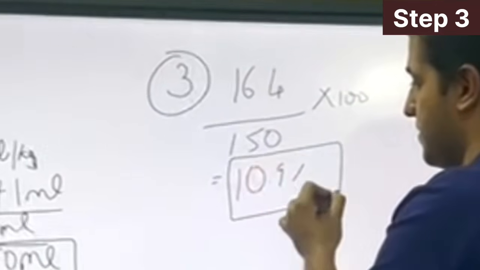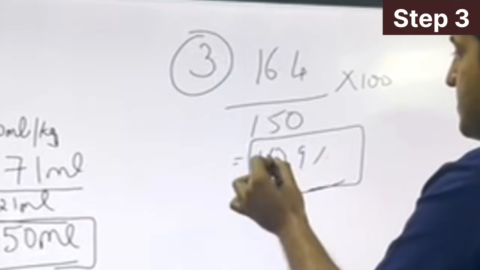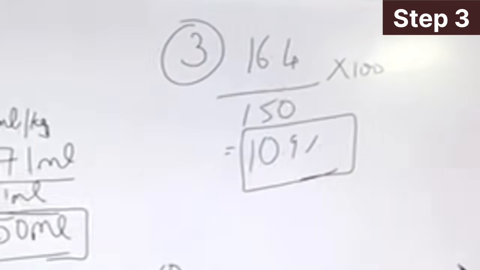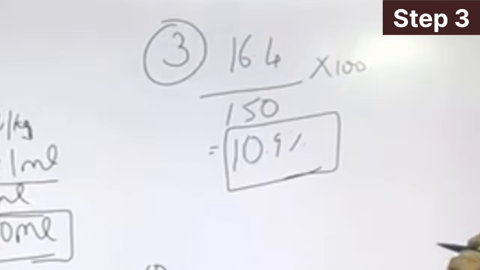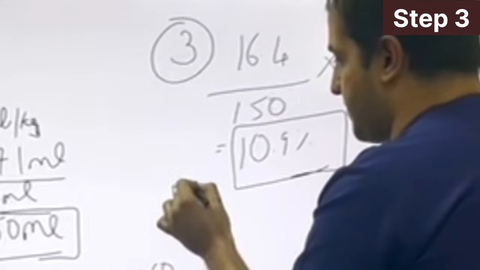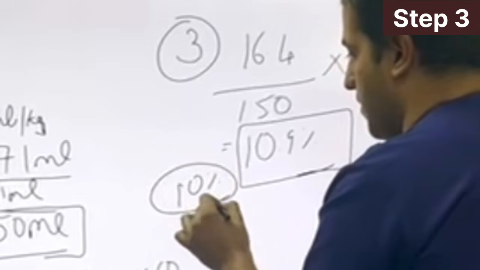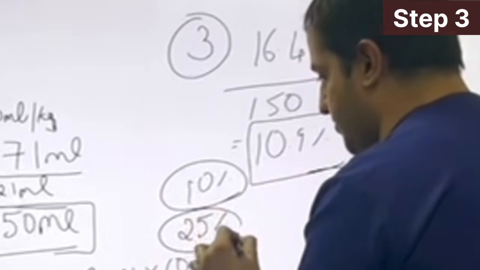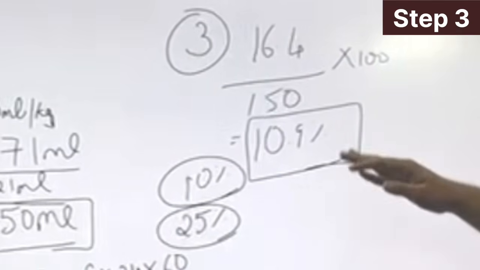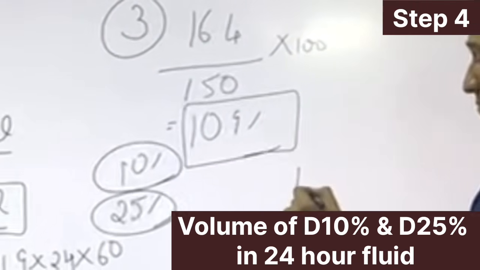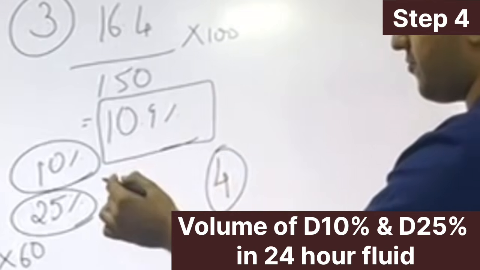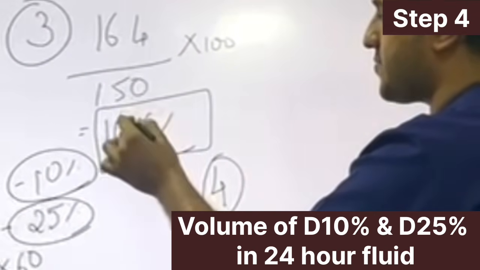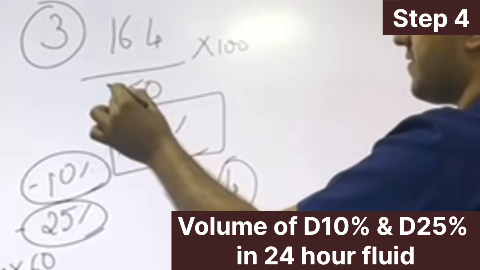Now this 10.9% should be the concentration of the fluid which you want to give. I have commercially available 10% dextrose. Or the second commercially available fluid is 25% dextrose. So now the next step, step 4, is how to prepare a fluid using these two commercial fluids so that I get a fluid that gives me 10.9% dextrose in 150 ml.